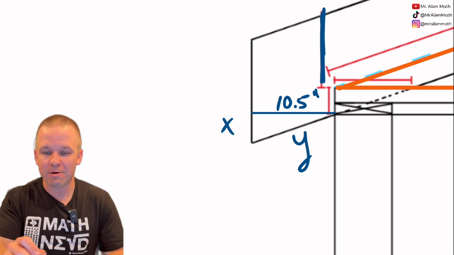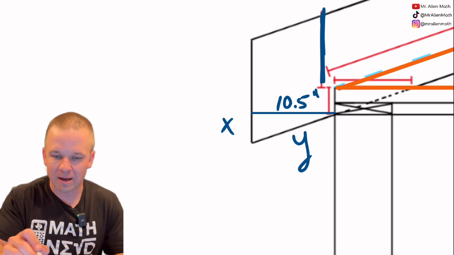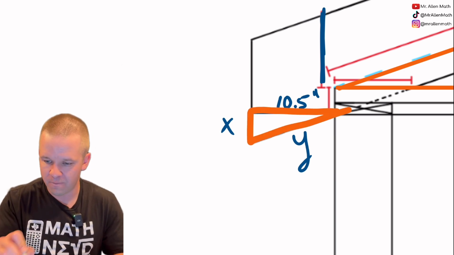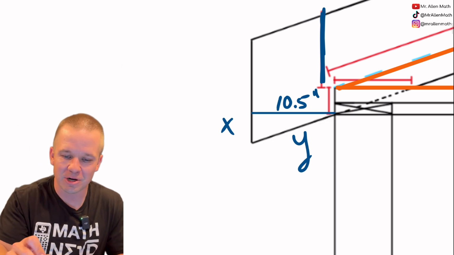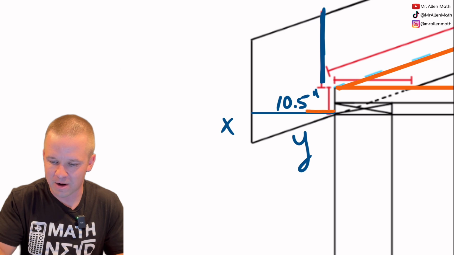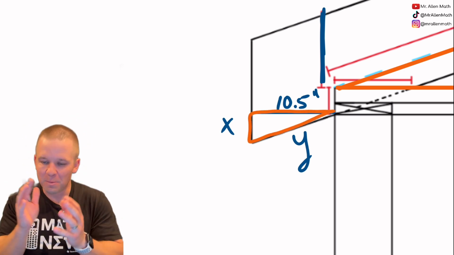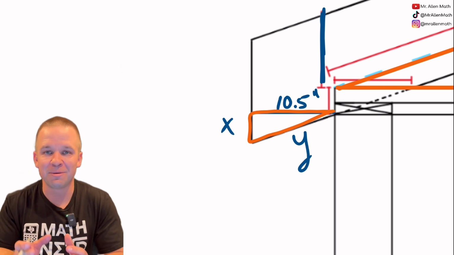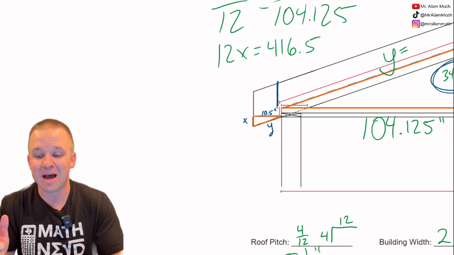This is my X, that was my Y. Perhaps I bust out my orange marker once again. That is a similar triangle. That's too obnoxiously large, let me dial down the size of my orange marker. There we go. That is a 4/12 pitched triangle, similar to all of my other orange triangles on this diagram, so we can math it up in the same way.